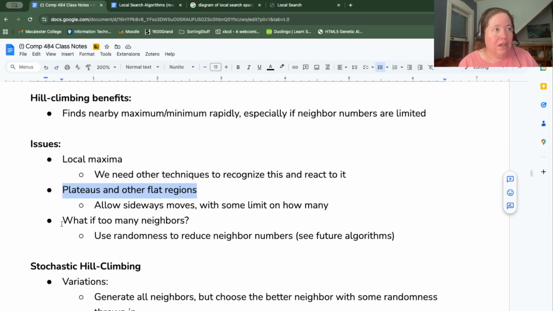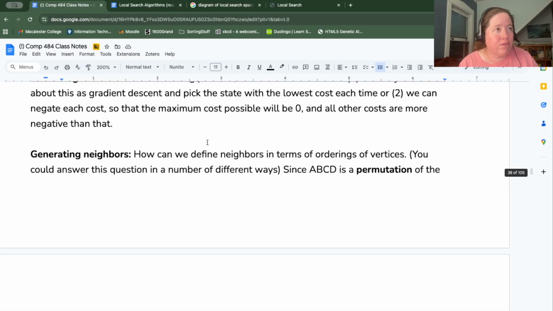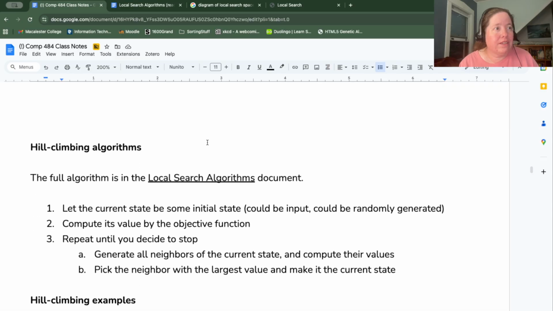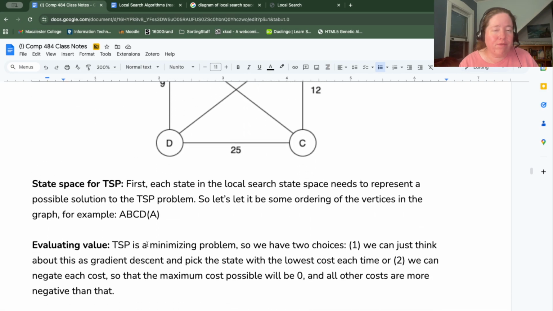The other big issue with hill climbing itself is if you have a lot of neighbors, then it bogs down. So in the example that I did before, if we go back to our pseudocode, we only had 3 or 4 neighbors for each state. But imagine a space where I have 1,000 neighbors.